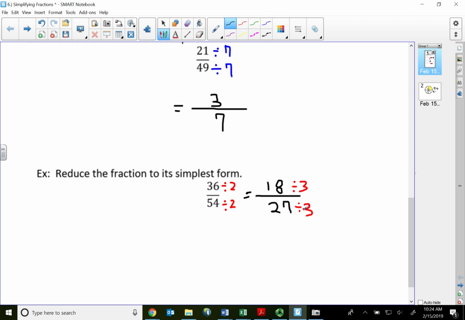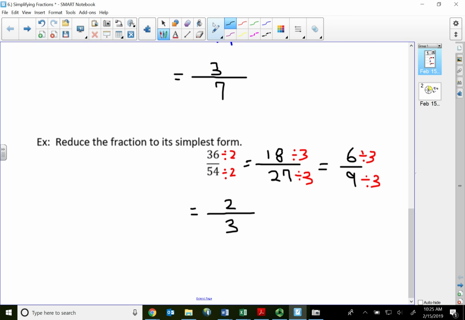So if I reduce them by 3 next, then I get 6 over 9. All right, I know 6 and 9 can again be reduced by 3. So that means my final answer would be 2 over 3.